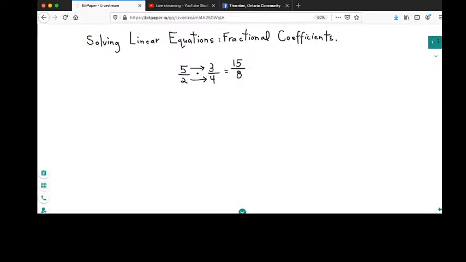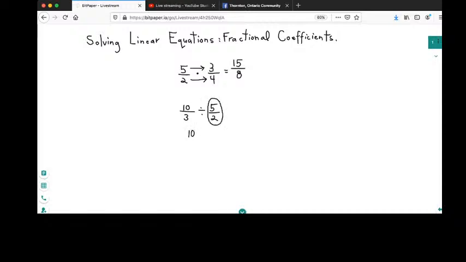When we're dividing fractions, let's say, for example, we're dividing 10 over 3 divided by, let's say, 5 over 2. In this situation, what we need to do is take this second fraction and flip it.